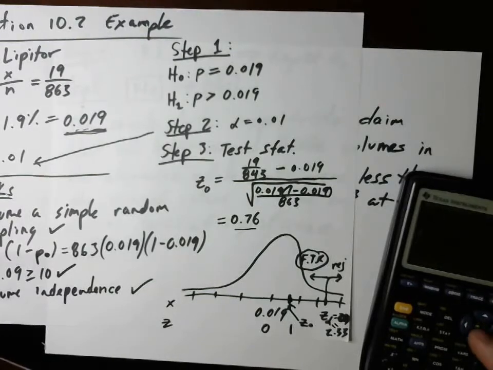Yeah, I'm doing these live. That's okay. Not live, but just winging it. Why are we doing this? 0.019, that is correct. And 19 and 863. It's a right tail test, which should make a difference for the test statistic.